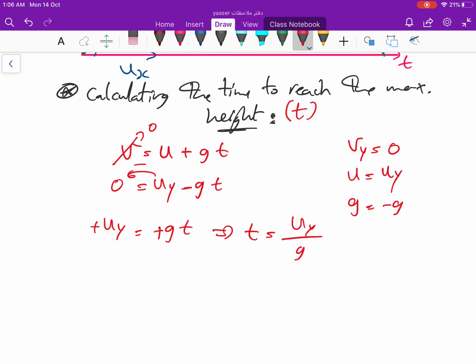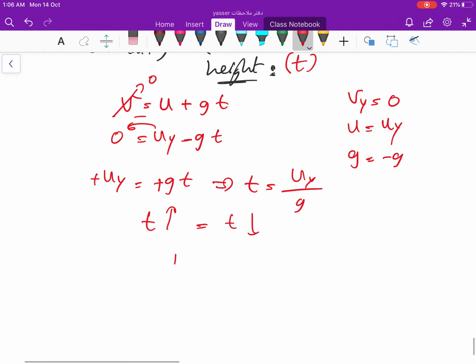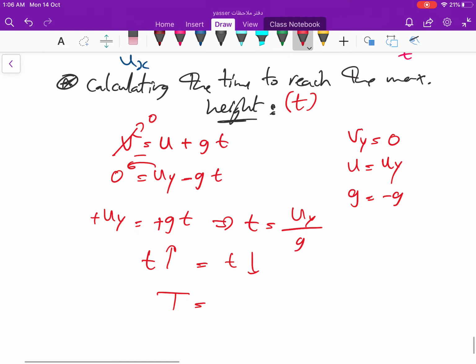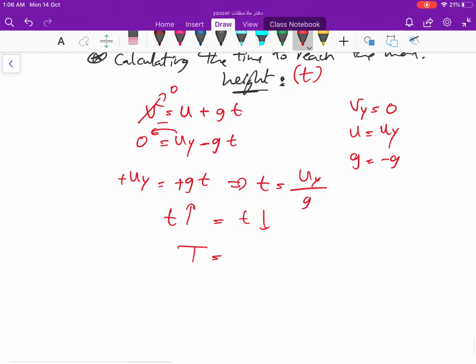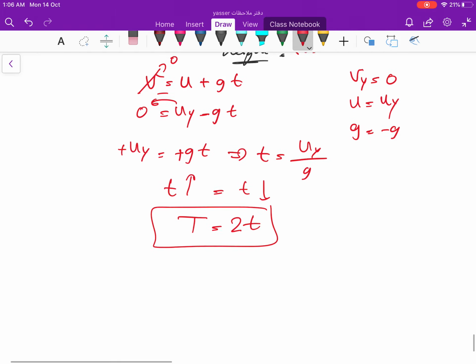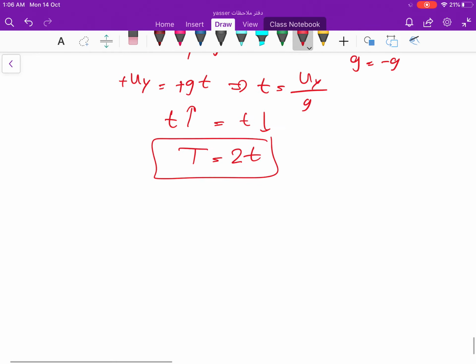So time is constant: t to go to the maximum height is equal to t to return back from the maximum height. So if I find t for the journey from the beginning till the end, capital T is equal to 2 times small t. We are going to use it later.